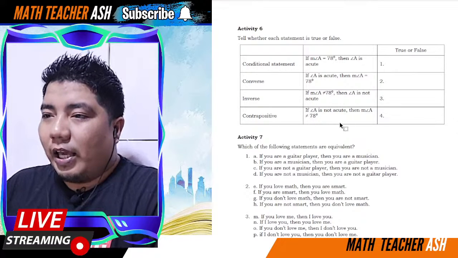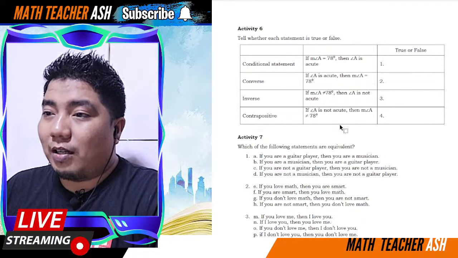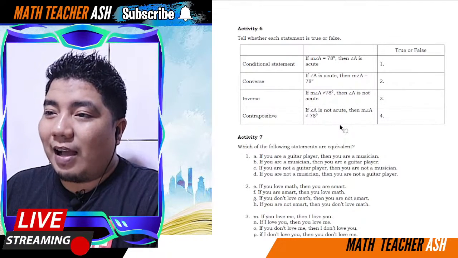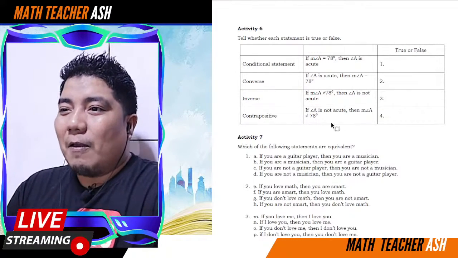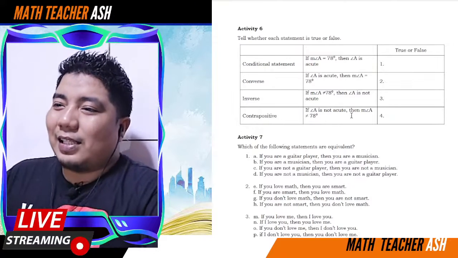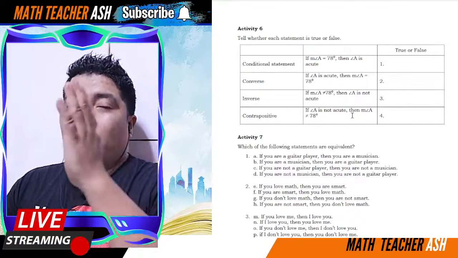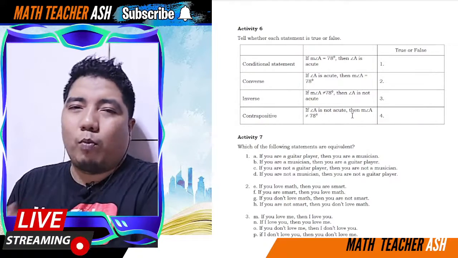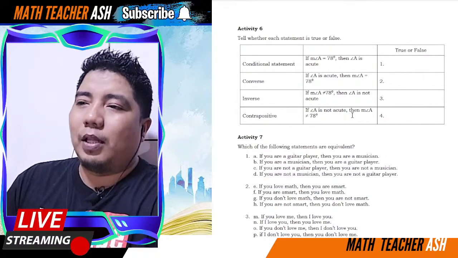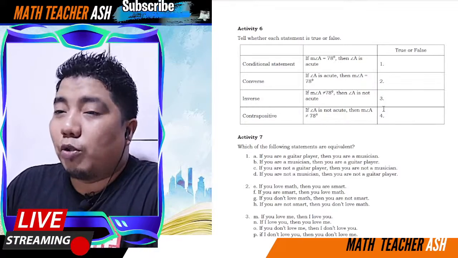Okay. So, ito naman. If an angle is not acute, then the measurement of angle A is not 78 degrees. Pwede. Tama yun. Bakit? Because kung ang angle A is not acute, therefore, it takes na yung measurement ng angle is from 1 up to 89, hindi magiging measurement ng angle A yun. So, it is true.